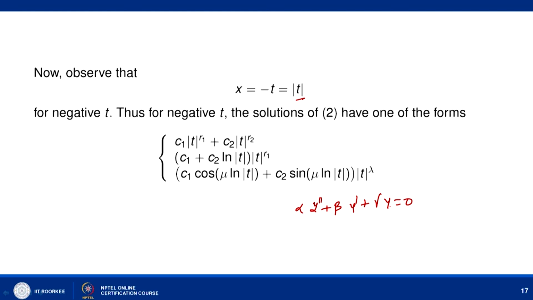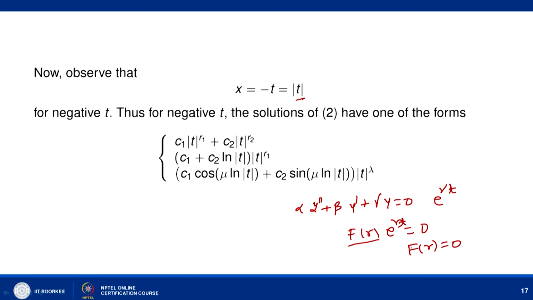Here we assume that e to the power r t is a solution, because on substituting it we get f of r into e to the power r t equal to 0. Now e to the power r t is not 0, so e to the power r t is a solution provided that r satisfies the equation f of r equal to 0.